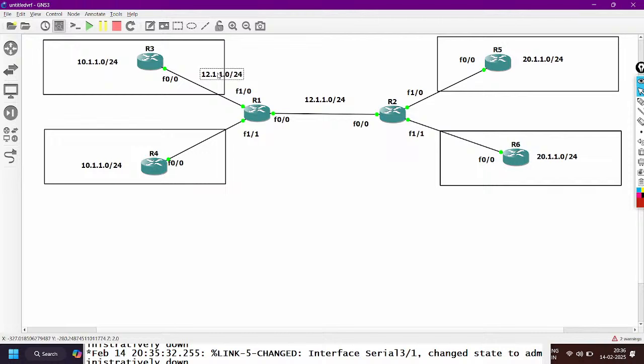Here we have 13.1.1.0/24 and 14, 25 and 26.